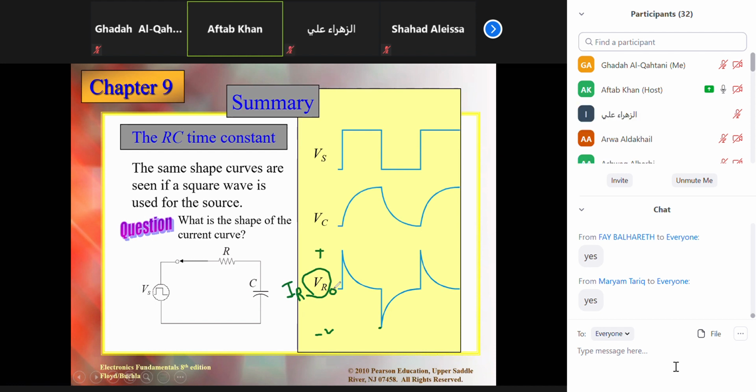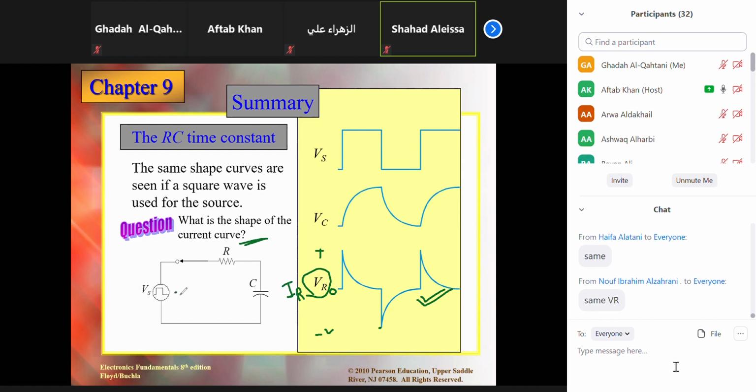Charging, discharging shape. Okay. What are they asking now? What is the shape of the current curve? Will it be exactly the same or not as the VR curve? It is going to be the same because we know VR is equal to IR.